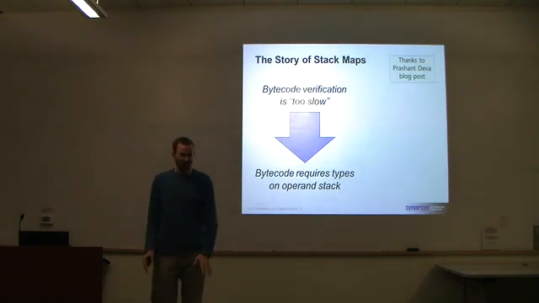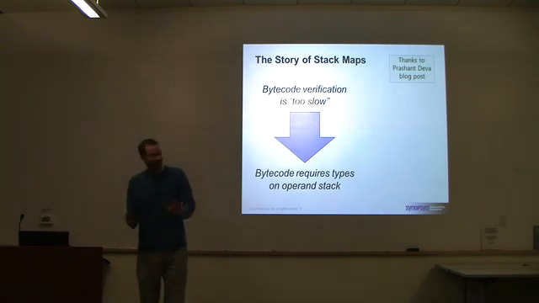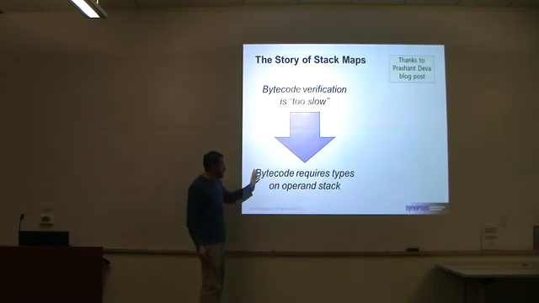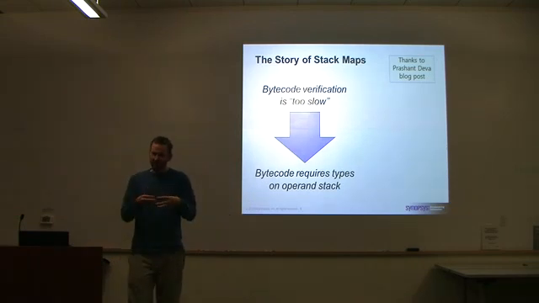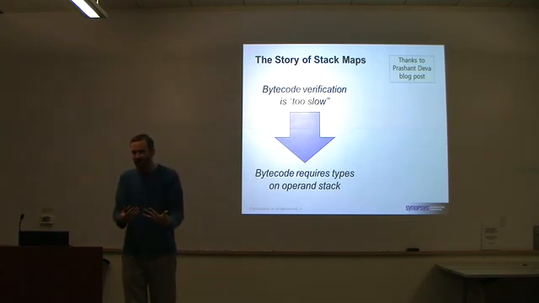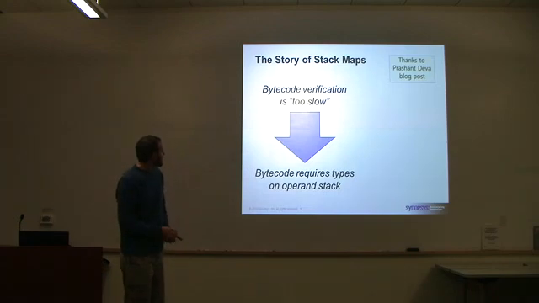I think that they were maybe just thinking it could be a little faster, but they thought it was too slow. And so they decided the way to solve this is to embed in the bytecode type information on the stack operands and actually local variables. So if we have more information about the code, the bytecode, we can verify that it's type safe and all that good stuff more quickly when we load it.